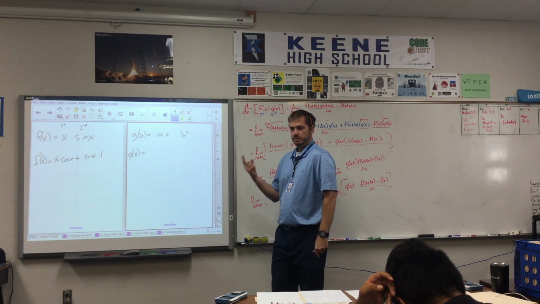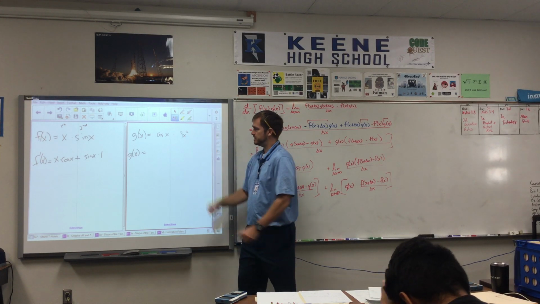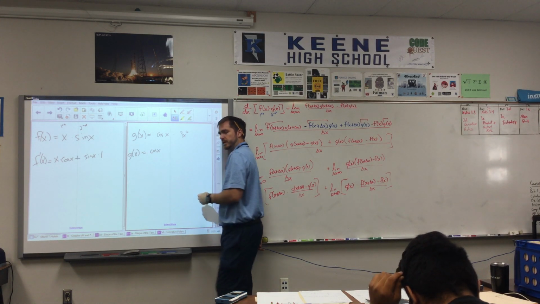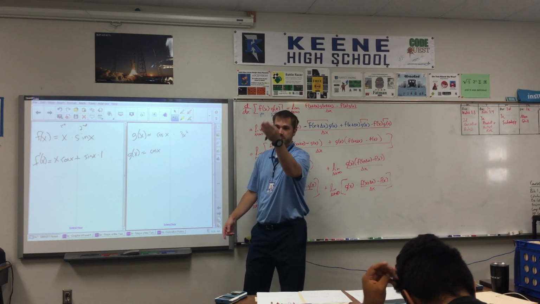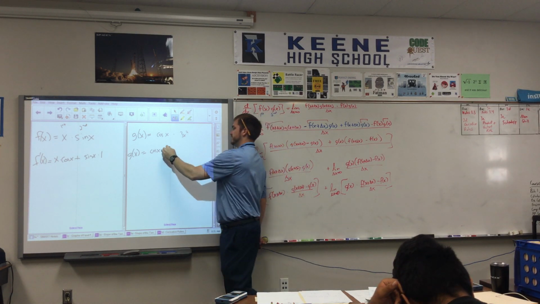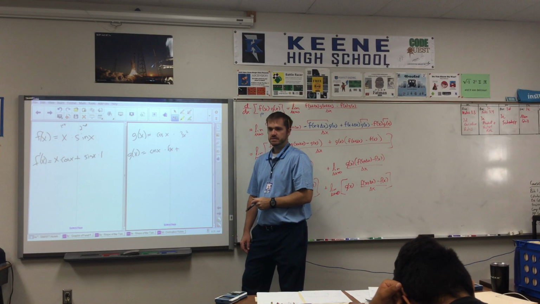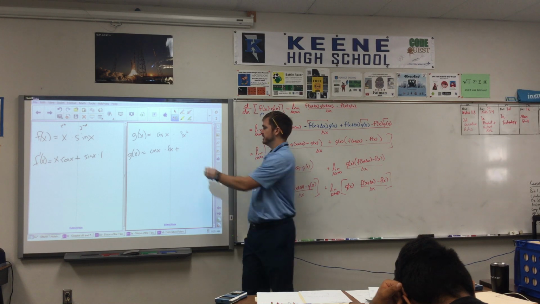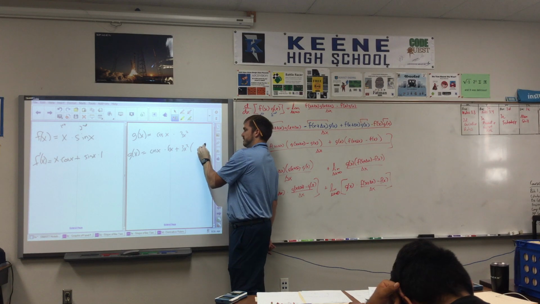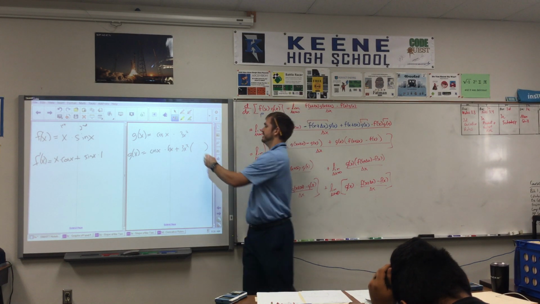It's a product, so product rule: the first, cosine x, times the derivative of the second, which is 6x, plus the second, 3x squared, times the derivative of the first. What's the derivative of cosine? Negative sine.